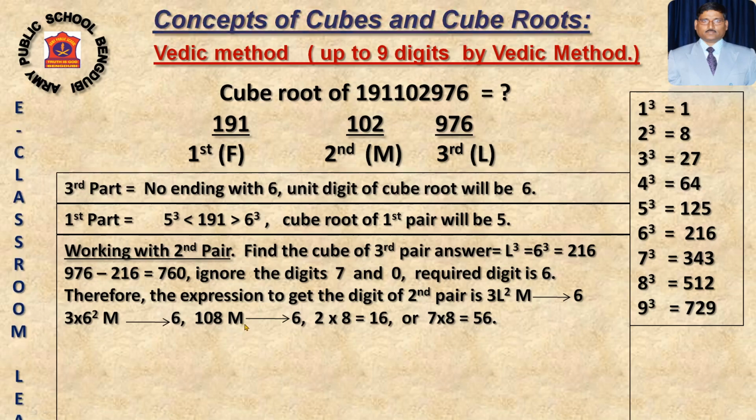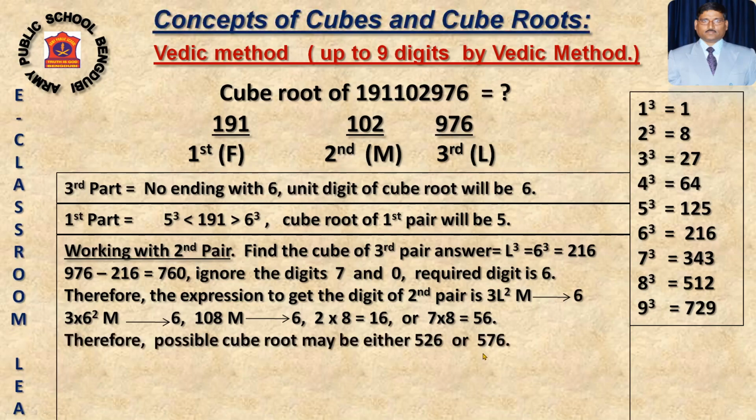What should be the M? In this case two options are coming, either 2 or 7. So our possible answer will be 526 or 576.